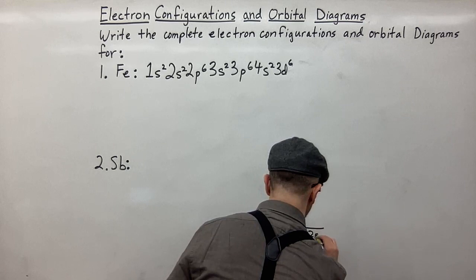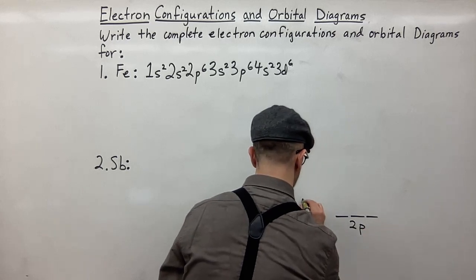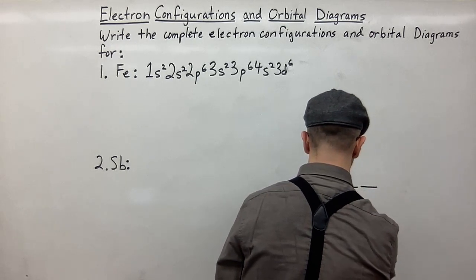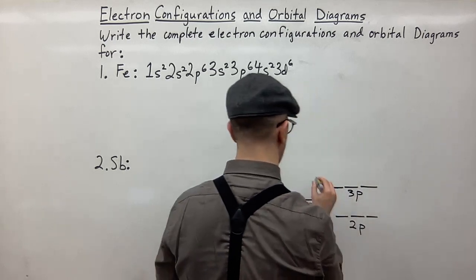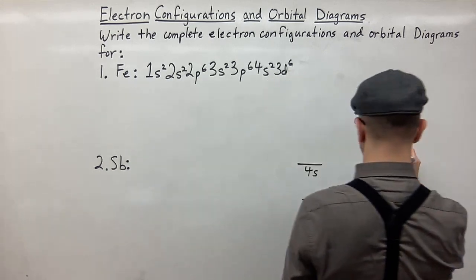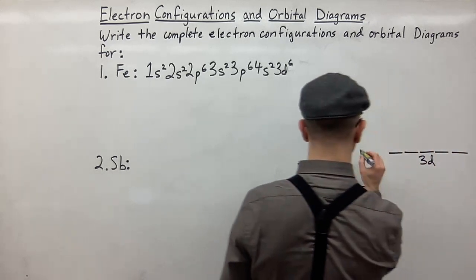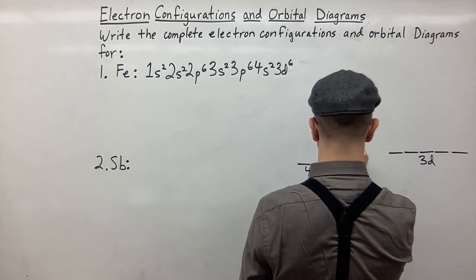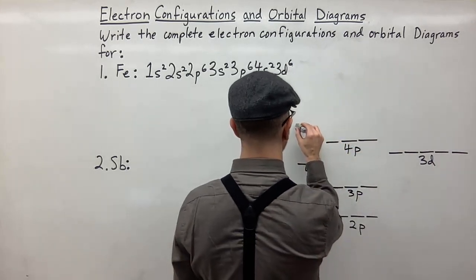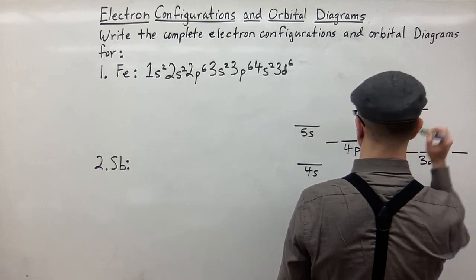So 1s, 2s, 2p, 3s, 3p, 4s, and then we have the 3d, 1, 2, 3, 4, 5, 3d, and then we have the 4p, 1, 2, 3, 4p, and then we have the 5s, and then we're going to have the 4d.